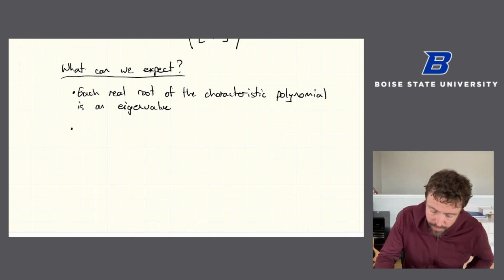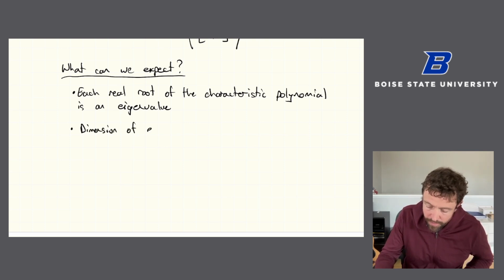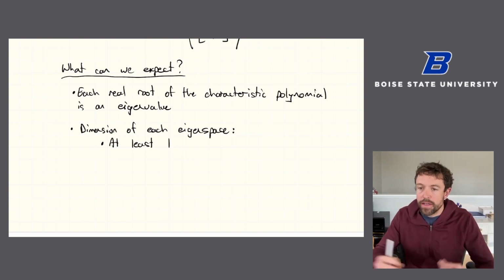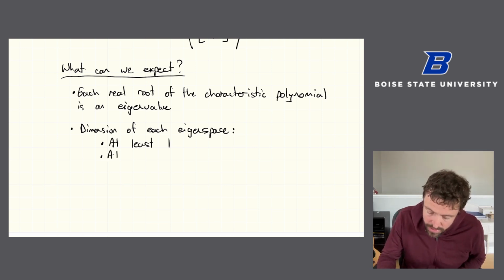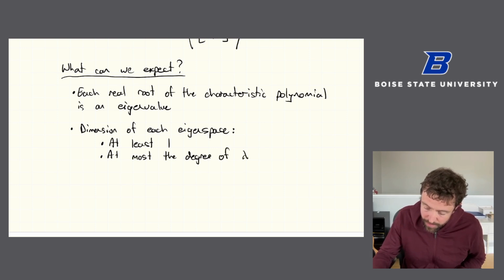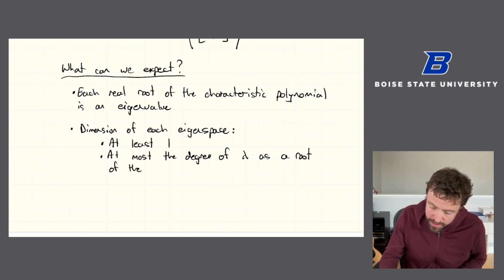So the dimension of each eigenspace, well, for one, it's at least 1, right? For something to be an eigenvalue, it has to have some non-zero vector that it sends to a multiple of itself. So it's at least 1, and it's at most the degree of lambda as a root of the characteristic polynomial.